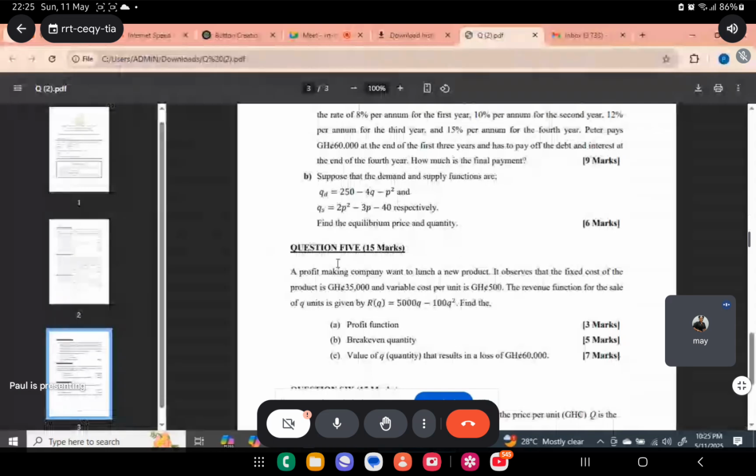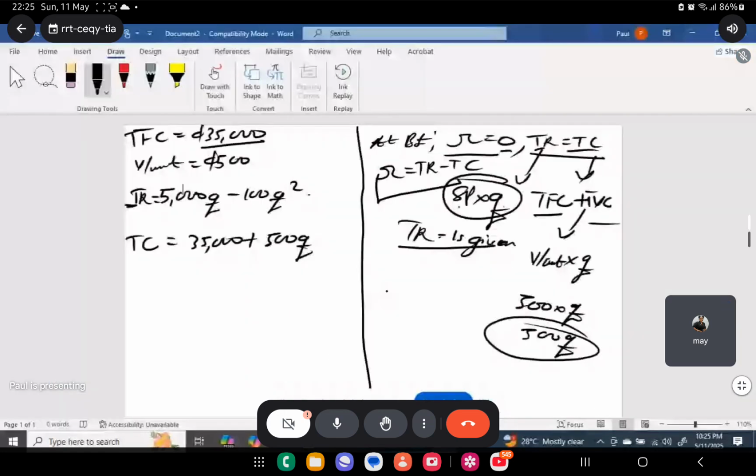Now, the unit variable cost is 500 per unit. So to get the total variable cost, it is the unit variable cost times quantity. So here it becomes 500 times quantity, which is 500 kilo. And that's it here.